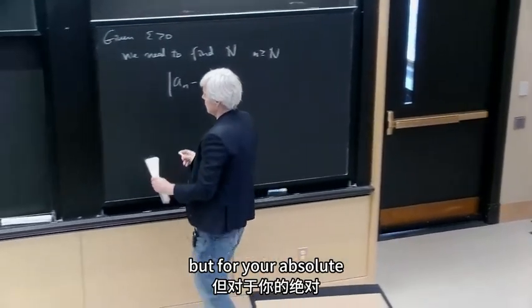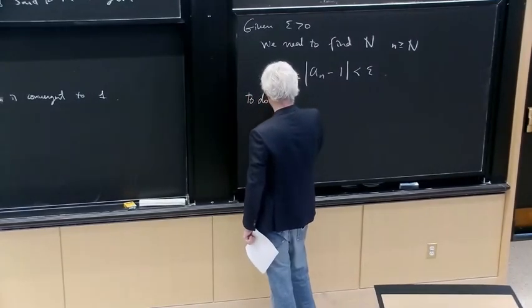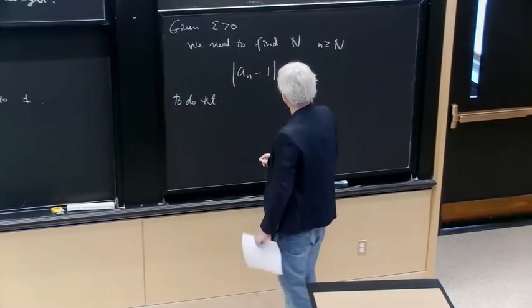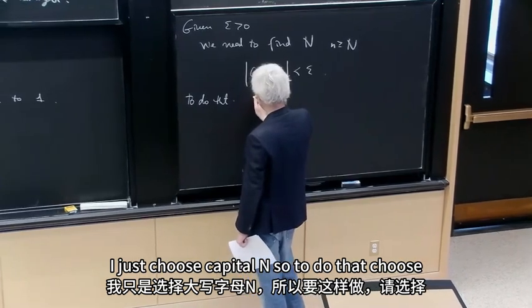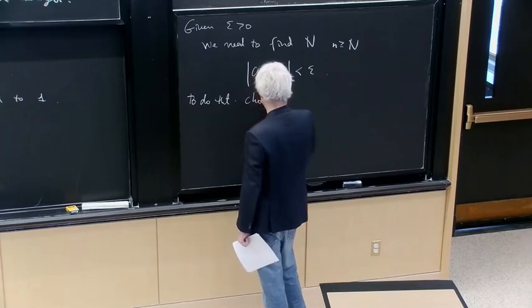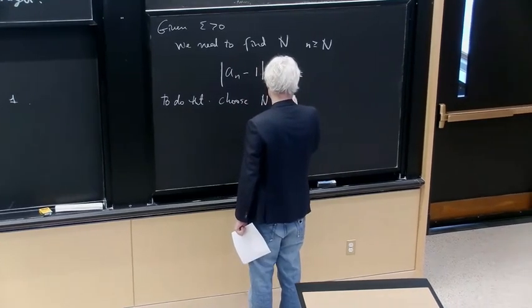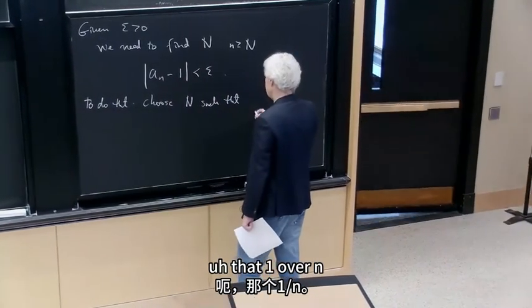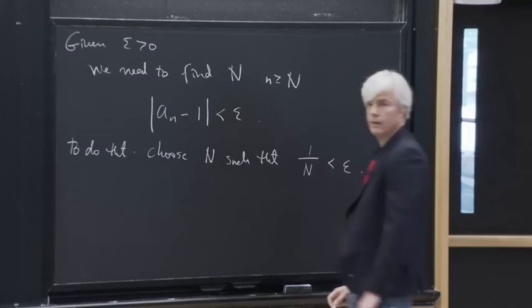But for your epsilon, to do that, we need to choose this capital N. So I just choose capital N such that 1 over N is less than epsilon, right?